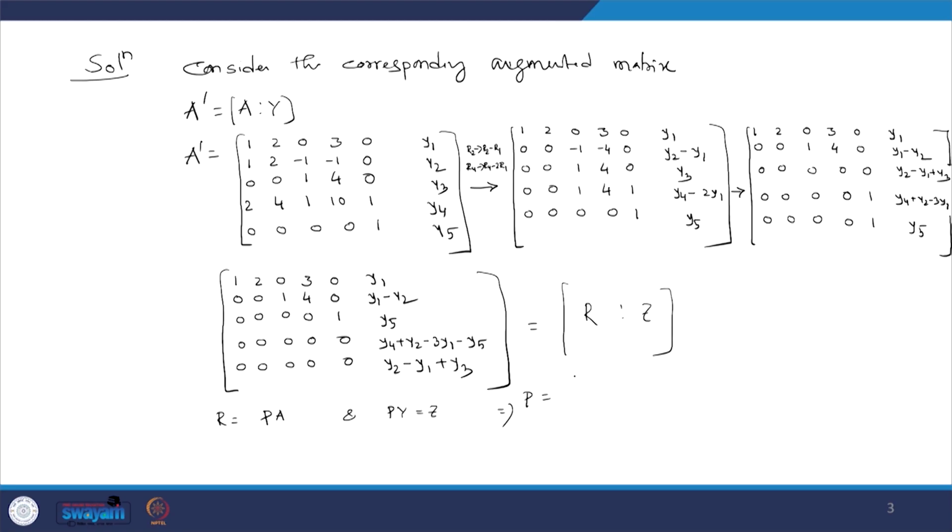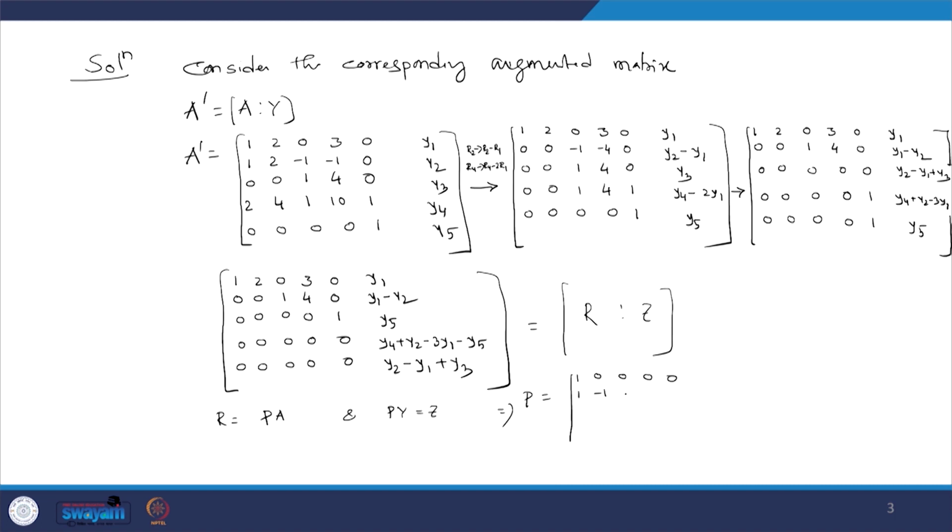So, this means that P will be here 1 0 0 0 0, the second row will be 1 minus 1 because of the coefficients. So, we have to check the coefficients of y 1, y 2, y 3, y 4, y 5.